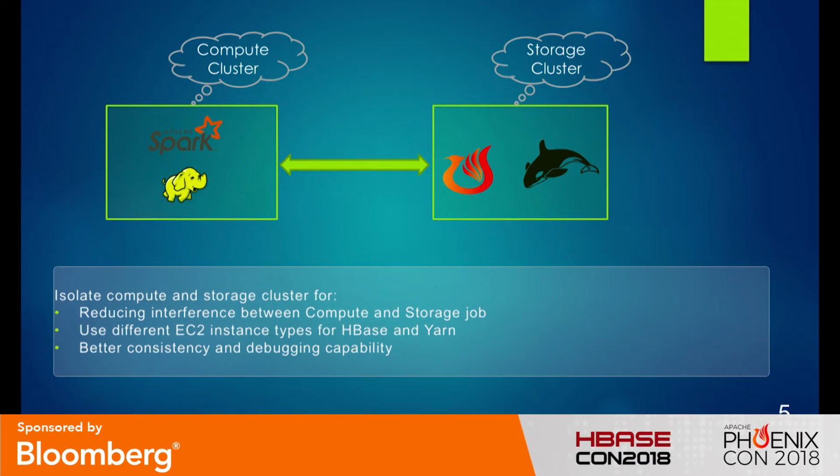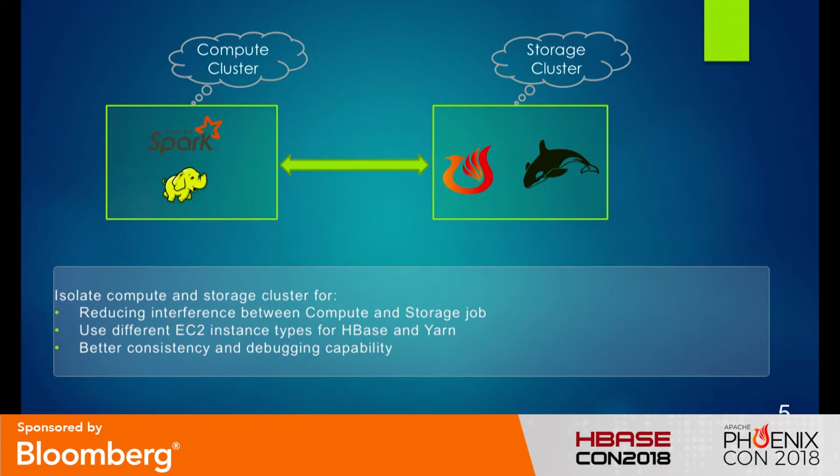When we started our migration to AWS, we segregated the compute cluster from the storage cluster, and right out of the gate we saw a lot of improvement, with a large reduction in resource interference. Now, if an analyst goes onto our compute cluster and runs a Spark job reading data from S3 or HDFS, we won't see any performance degradation in HBase.